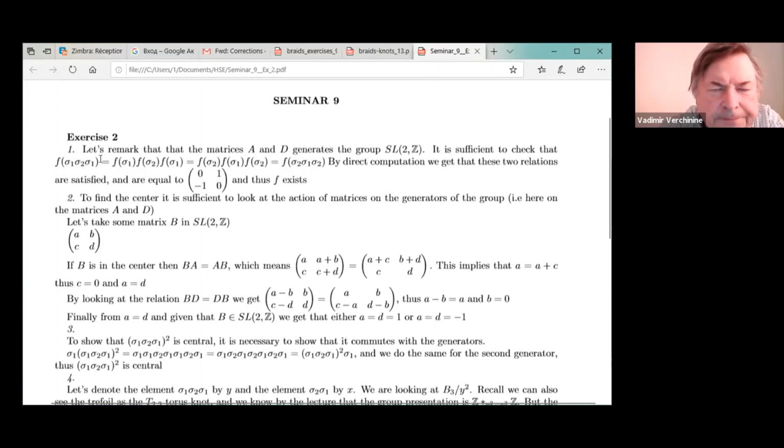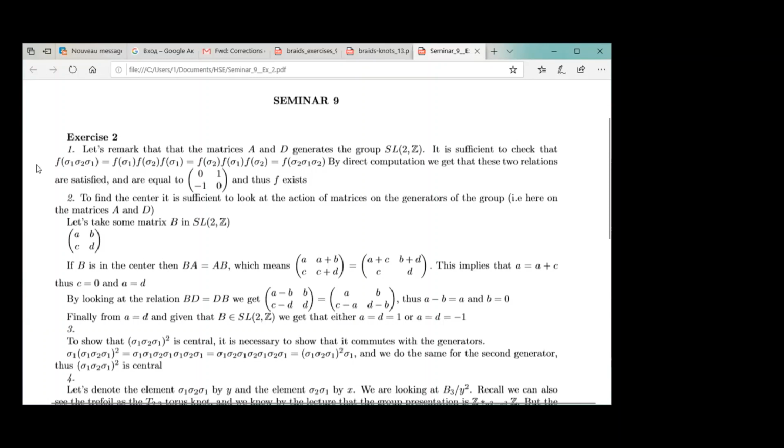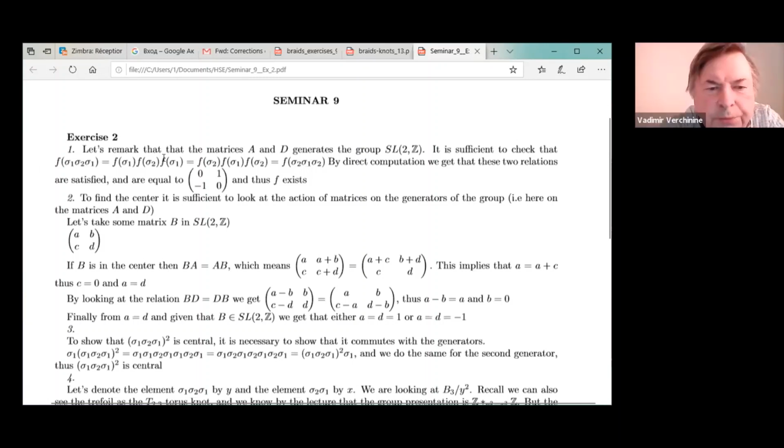Actually, this is what we need to prove: that the image equals this one. We need to consider this and this.